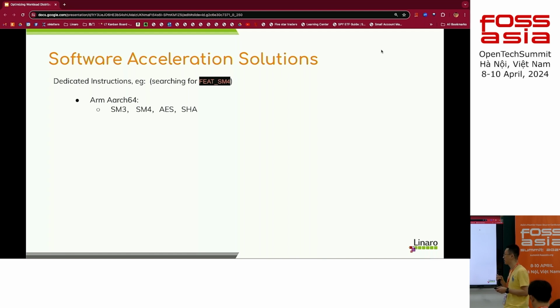People are working on using these specialized assembly instructions to optimize their libraries, for example the erasure code or the SM4 encryption library in OpenSSL.